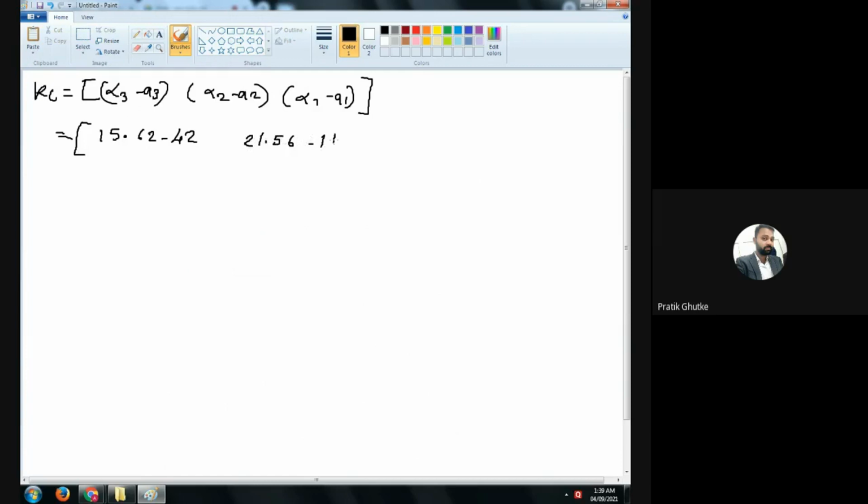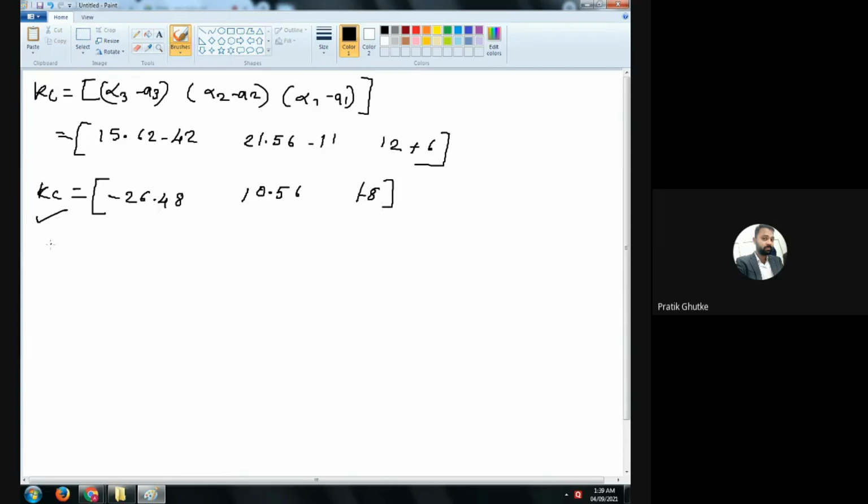A2 is nothing but 11. What is alpha 1? 12 minus minus 6 means 12 plus 6. So Kc would be coming 15.62 minus 42 means minus 26.48, and then 21.56 minus 11 means 10.56, and last 12 plus 6 means 18. So this is your Kc matrix.